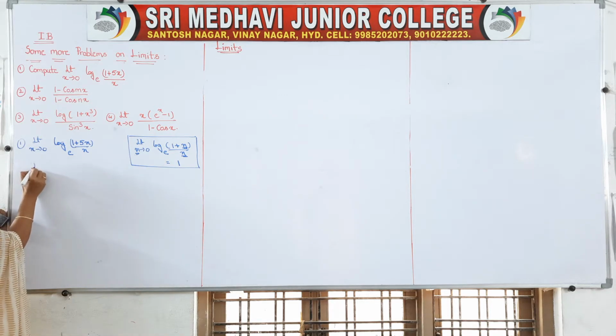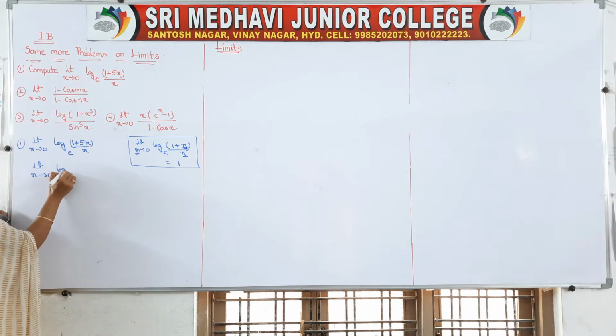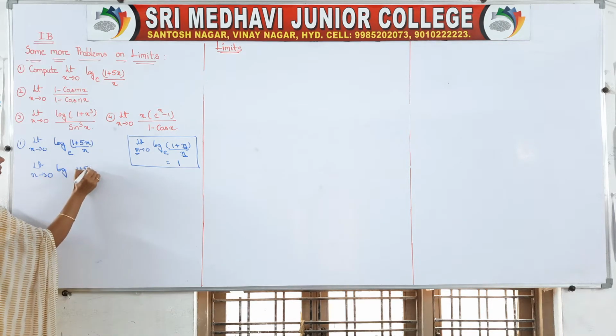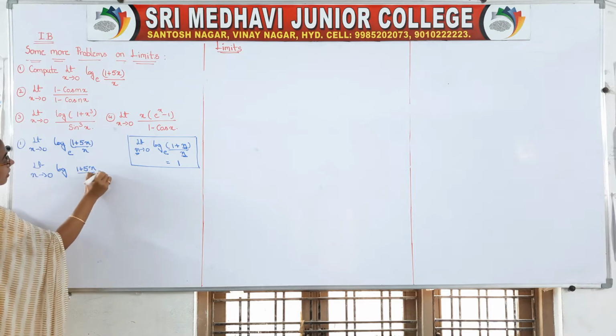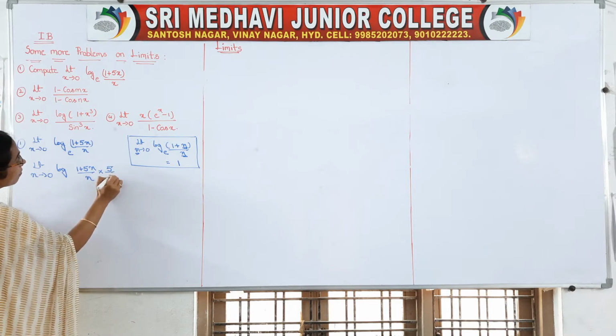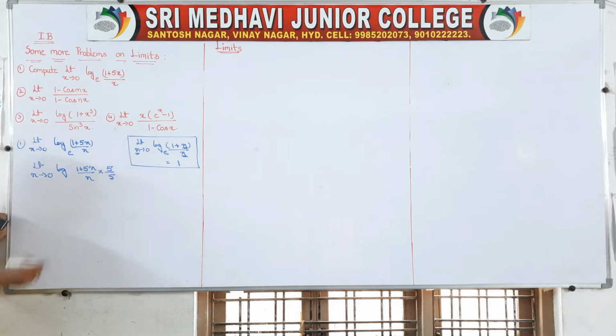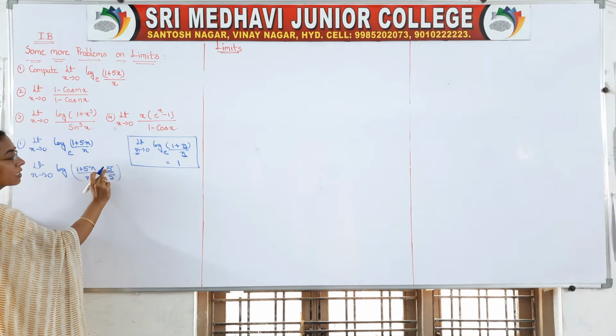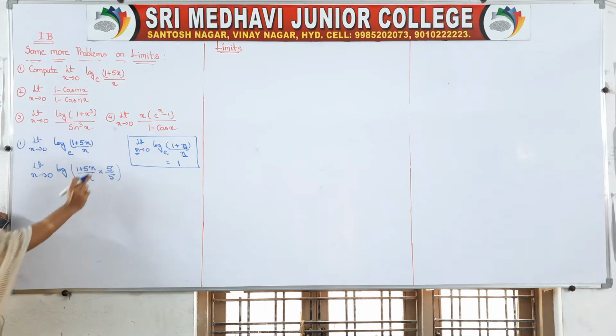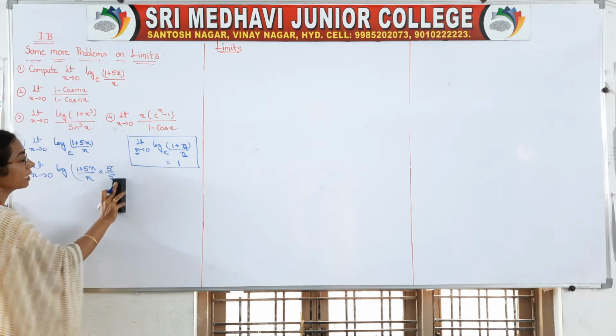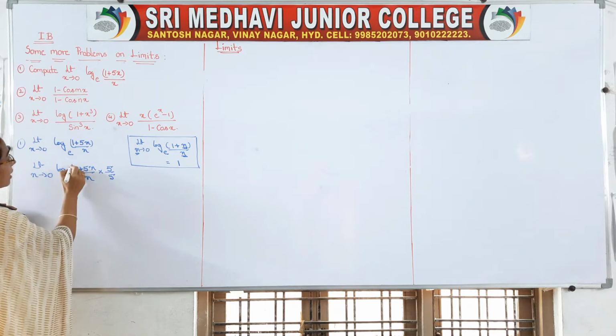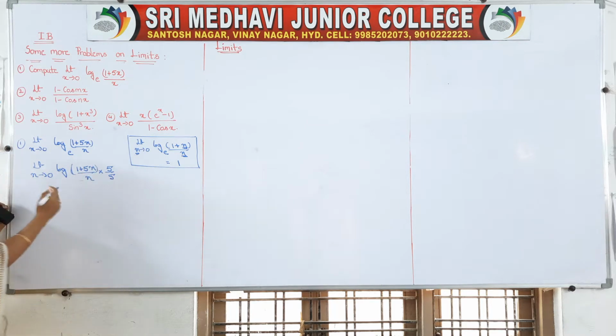So come on, we can write this as limit x tends to 0 of log of 1 plus 5x by x, multiplying and dividing with 5. Okay, so we don't want this 5 now. You take this 5 outside of your limit. Afterwards we will take it according to our formula.